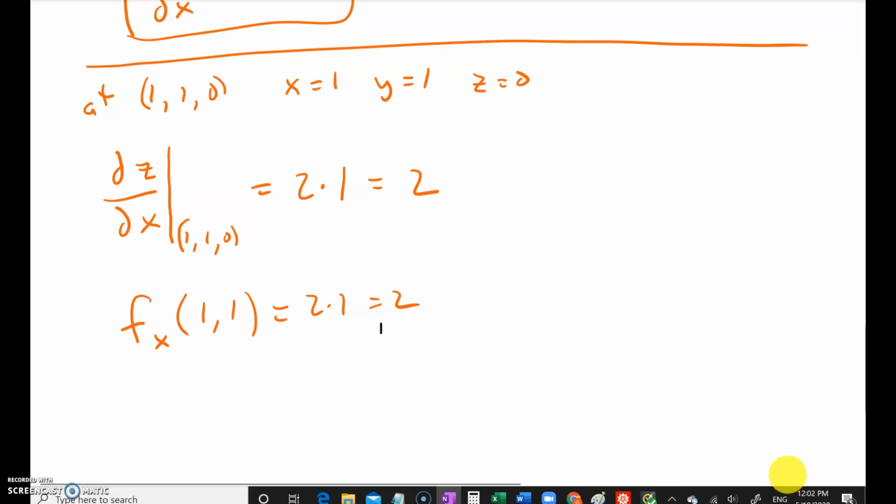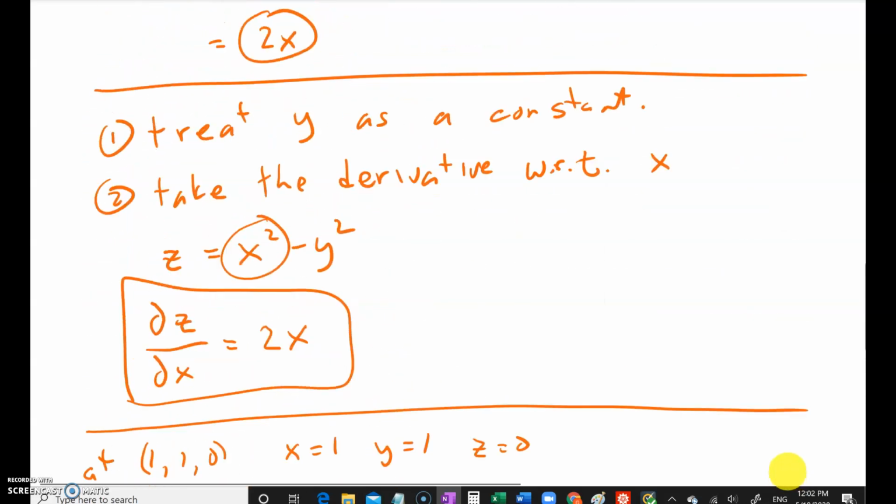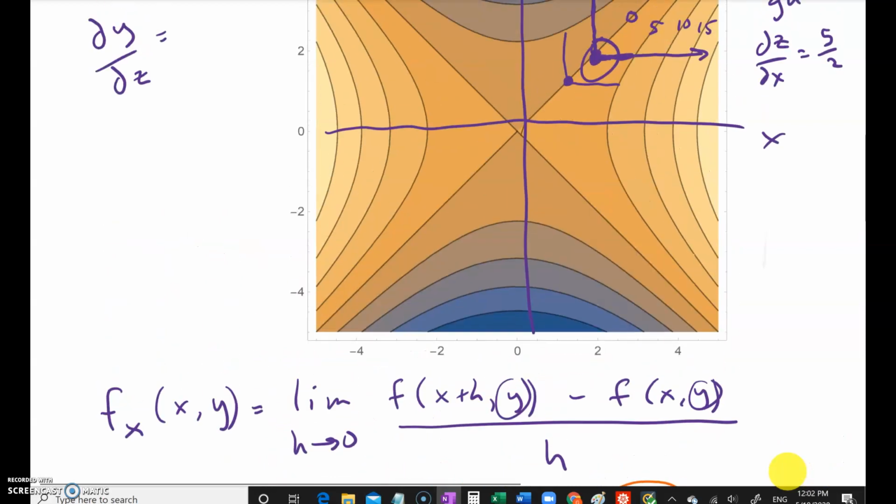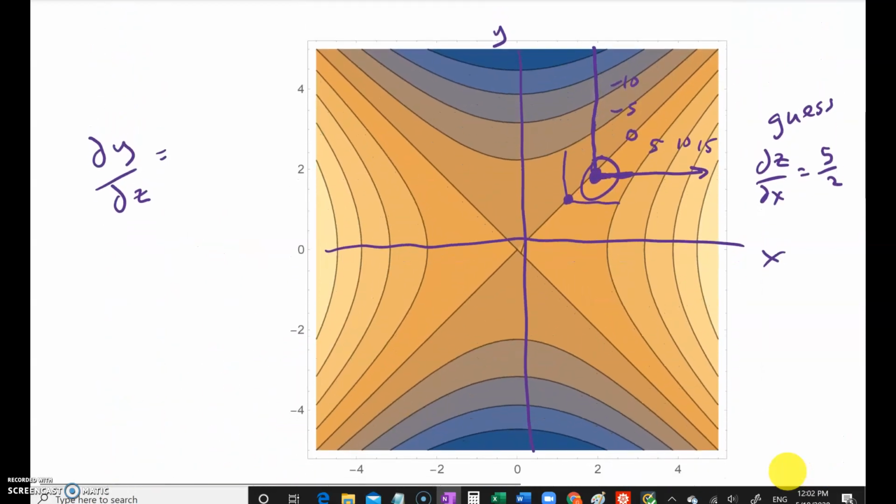Okay, so that tells you that at this point, so back to our contour plot. I think it's easier on the contour plots. Actually, let me erase this because I had the wrong point. It's the point x is 1, y is 1. So now I can see that in the x direction, the instantaneous rate of change at exactly that point, I don't have to guess anymore.